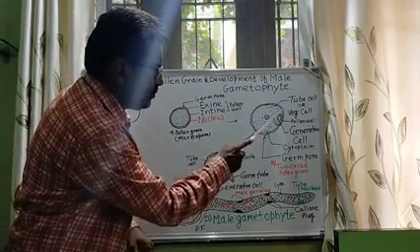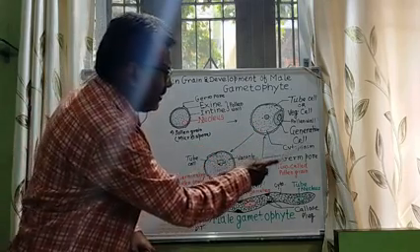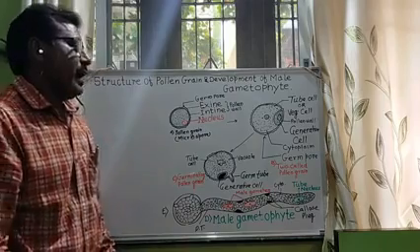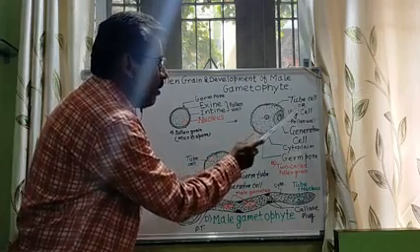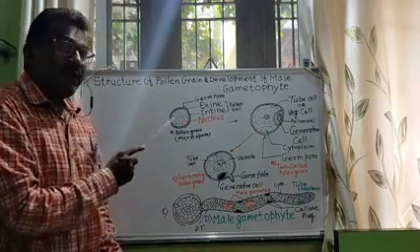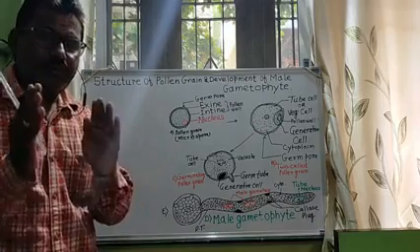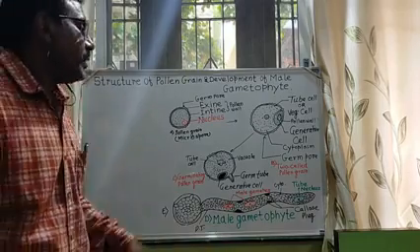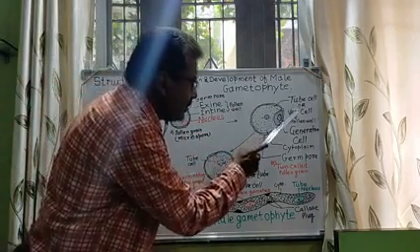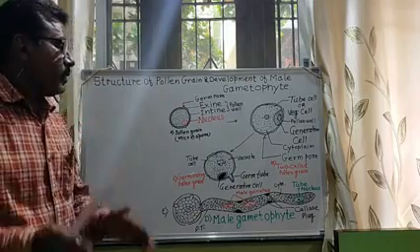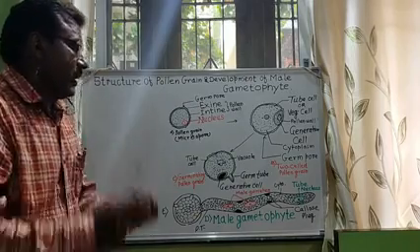So the microspore or pollen grain first divides mitotically, giving rise to two cells: a large tube cell or vegetative cell and a small generative cell.